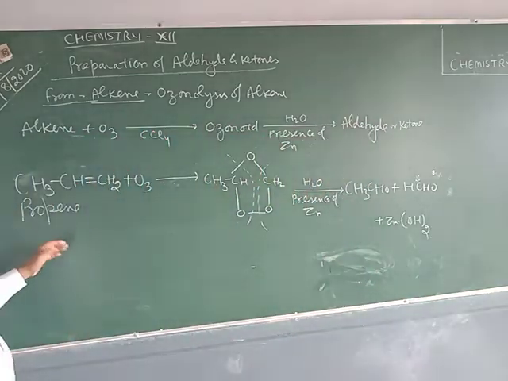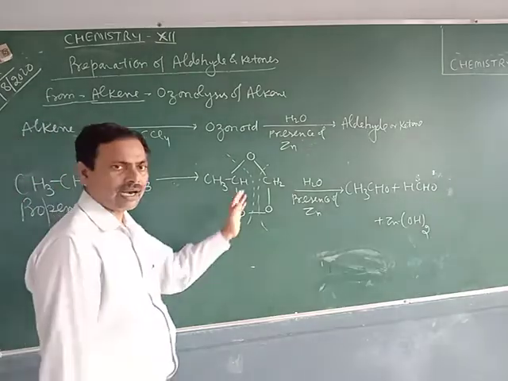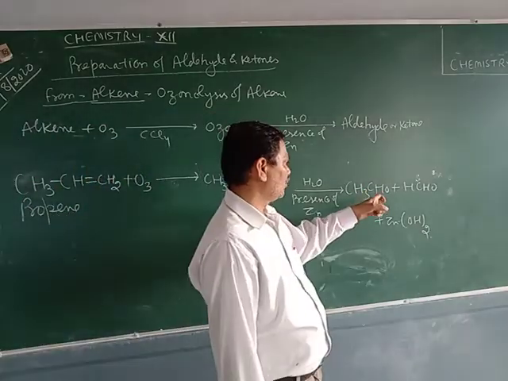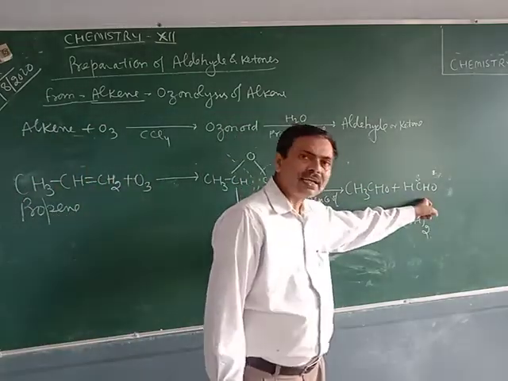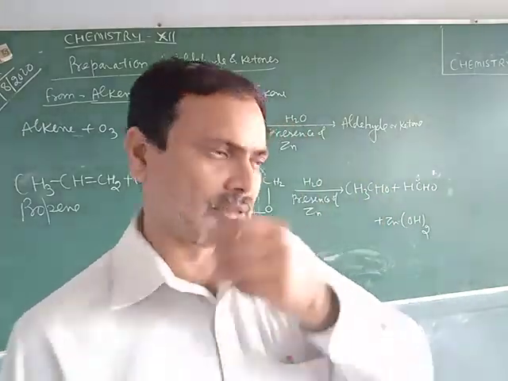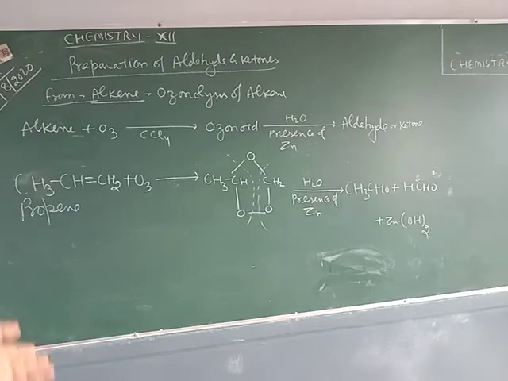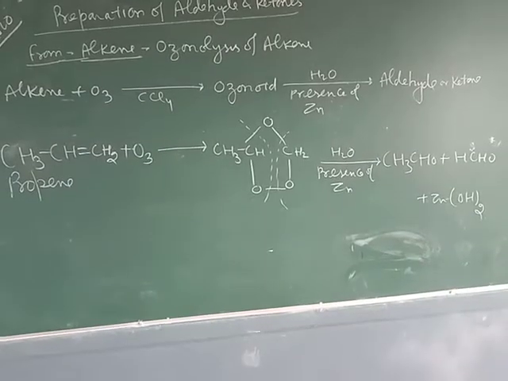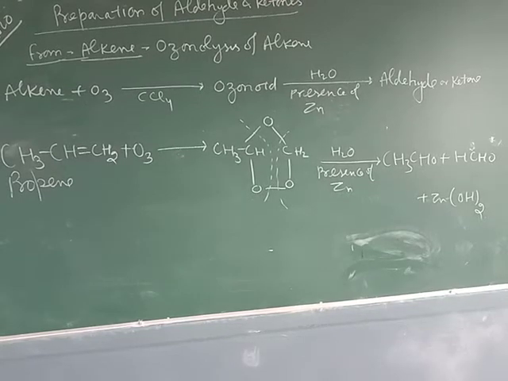When propene undergoes ozonolysis and hydrolysis, it forms one molecule of acetaldehyde and one molecule of formaldehyde. There are two different aldehydes obtained when ozonolysis of propene is carried out. That is the ozonolysis of ethene and ozonolysis of propene.